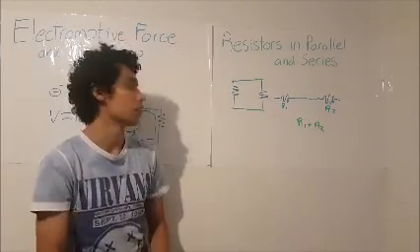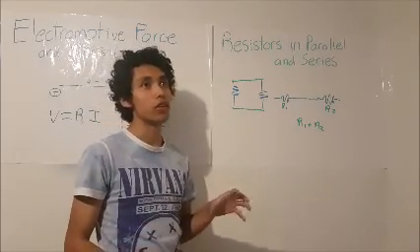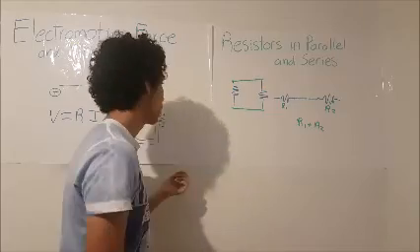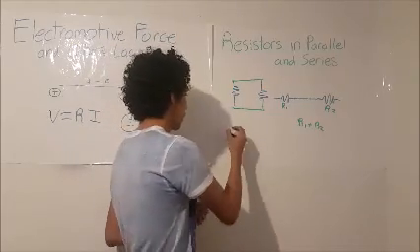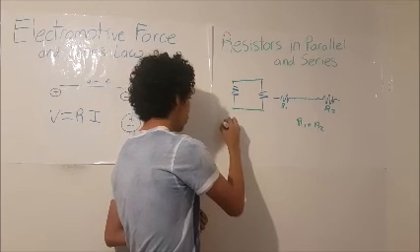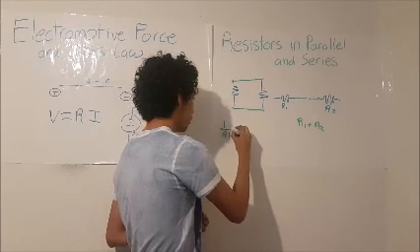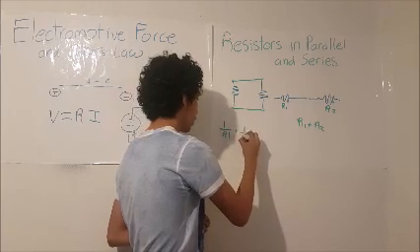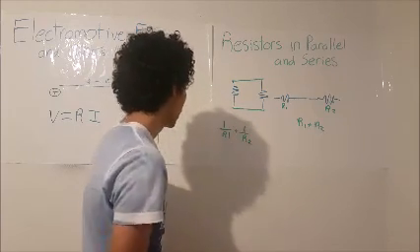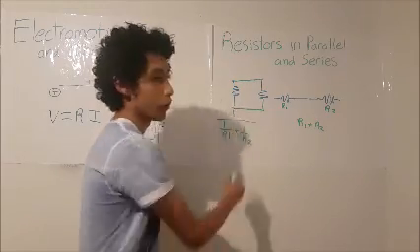This is very easy. And when they are in parallel, the total resistance will be smaller, because when we put them together, the total resistance is 1 over R1 plus 1 over R2, and 1 over all of these.